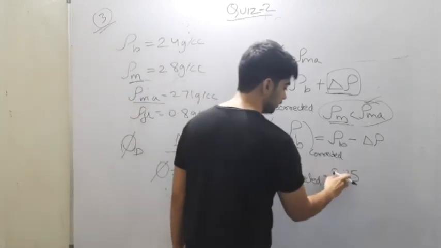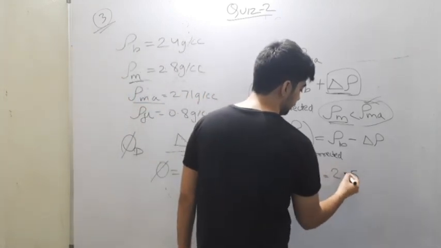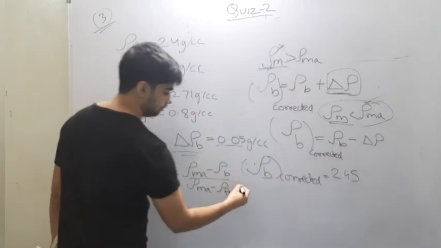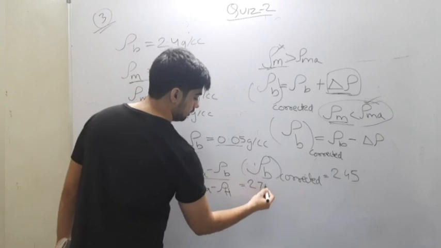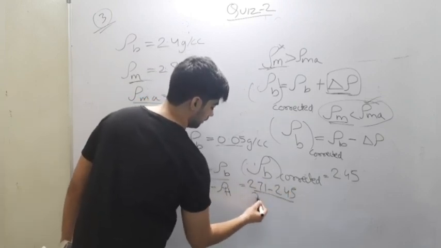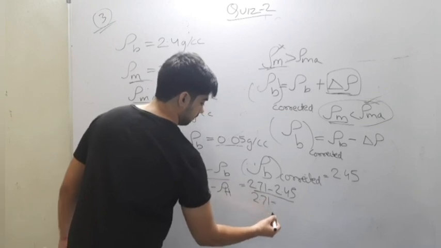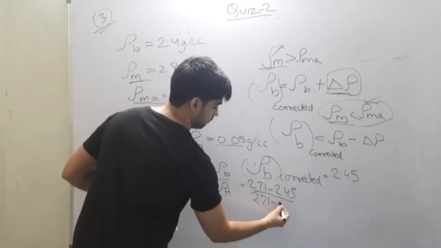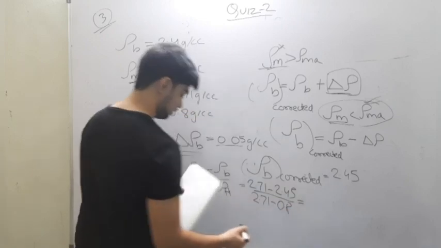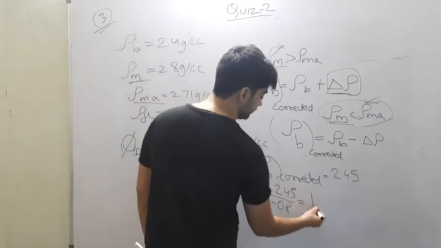So instead of 2.35 there will be 2.45, and so your answer will be 13.6.